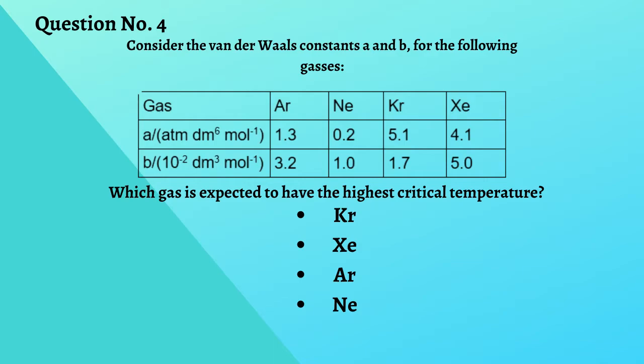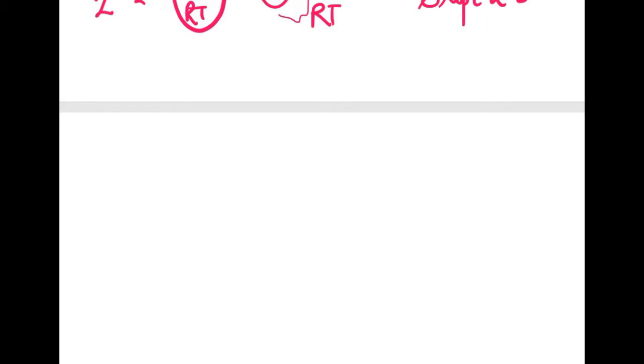Consider the van der Waals constants a and b for the following gases. Which gas is expected to have the highest critical temperature? Before moving on to the question, we need to know the relation for critical temperature. Critical temperature Tc is given by 8a divided by 27Rb.